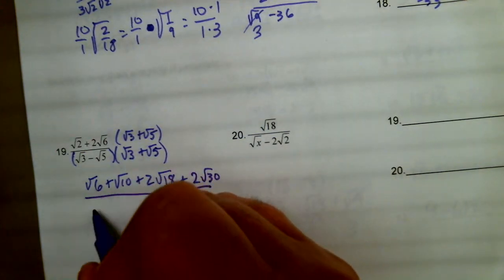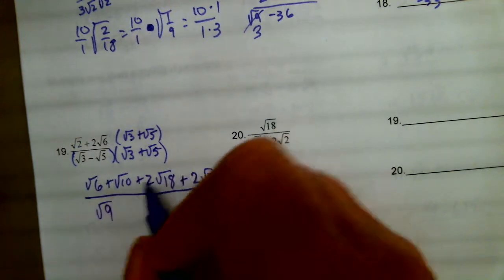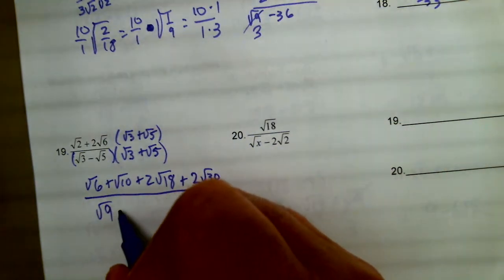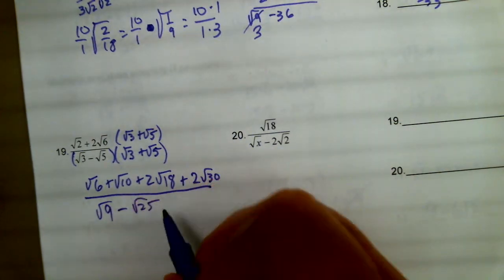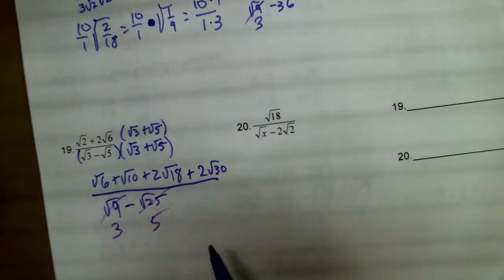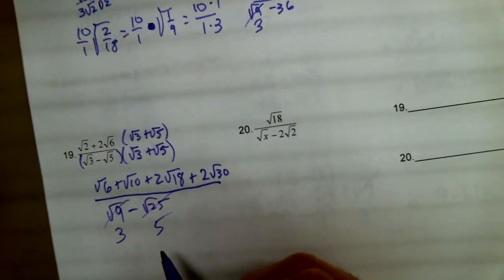All over the square root of 9, inside, inside, outside, outside, plus square root of 15 minus square root of 15, they are going to go away, minus the square root of 25. Simplify that to a 3, simplify that to a 5. I get 3 minus 5 is negative 2.